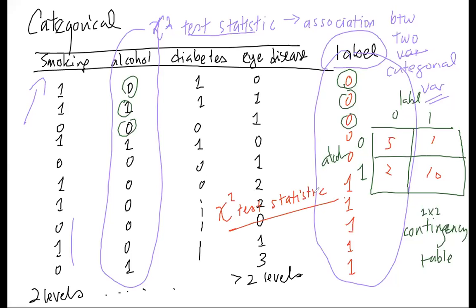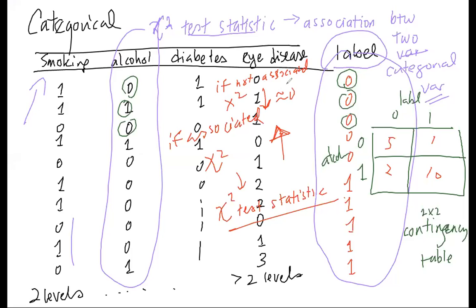Intuitively, if your two variables are associated, your chi-square test statistic will be high. If not associated, your chi-square test statistic will be low, in fact close to 0.